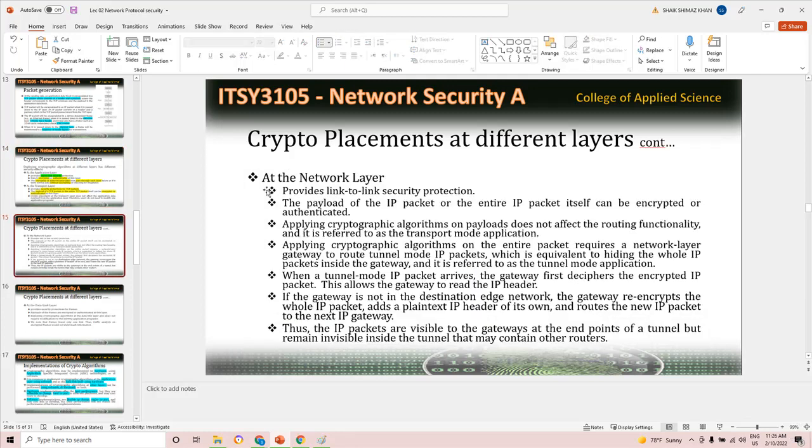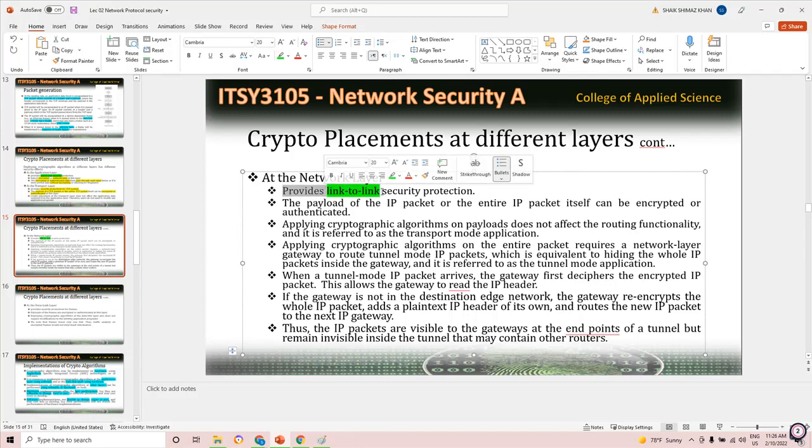Similarly, when you provide the crypto placement in the network layer, it provides link to link security. It can be a multiple choice question, so please note this down. So in the network layer, what exactly happens?